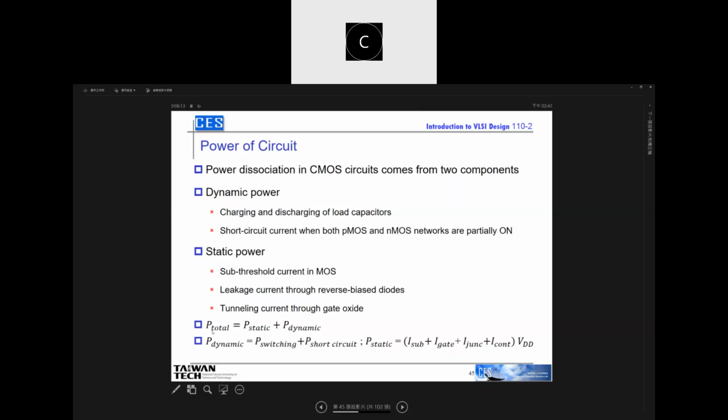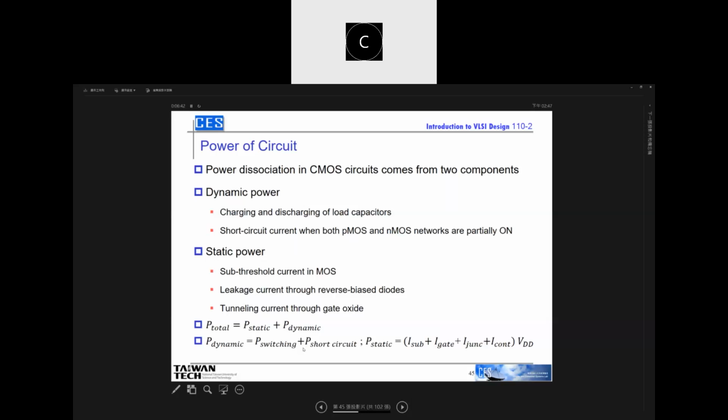So in the bottom, you can see the P total. That means the total power consumption equals P static plus P dynamic, which is the static power consumption plus dynamic power consumption. And P dynamic equals the switching power, so the charging and discharging of the capacitance, plus P short circuit, that means the short-circuit current when both PMOS and NMOS networks are partially on.